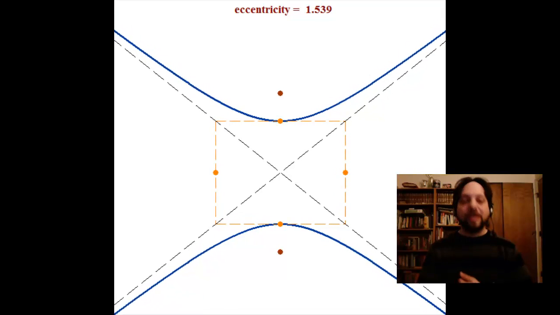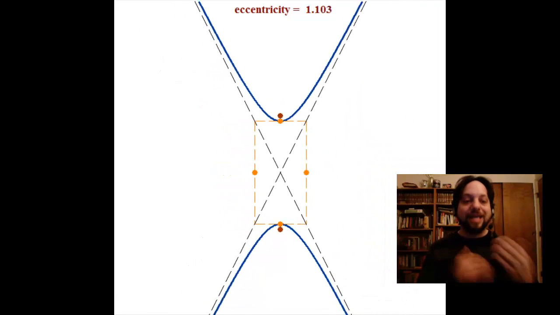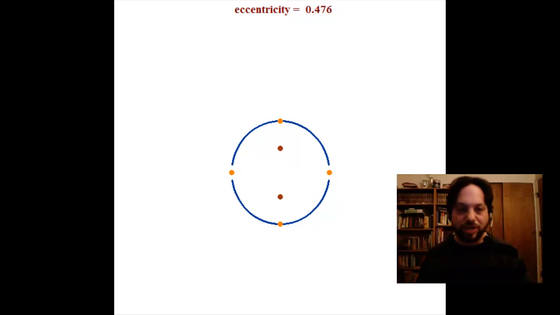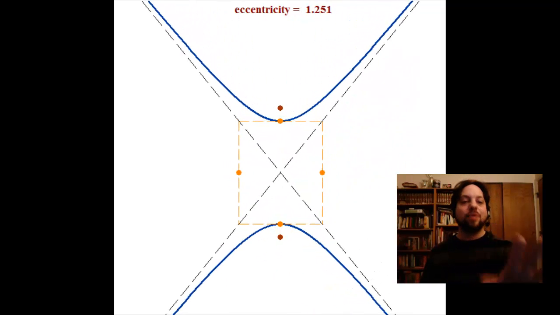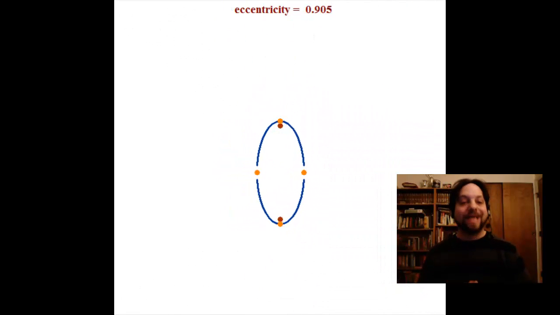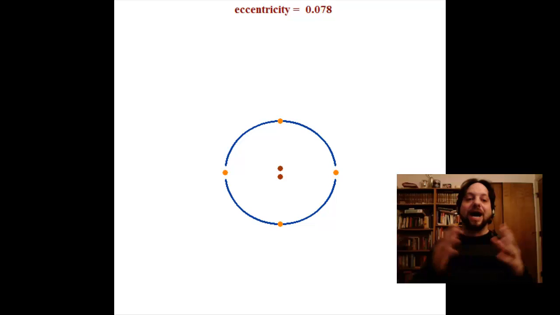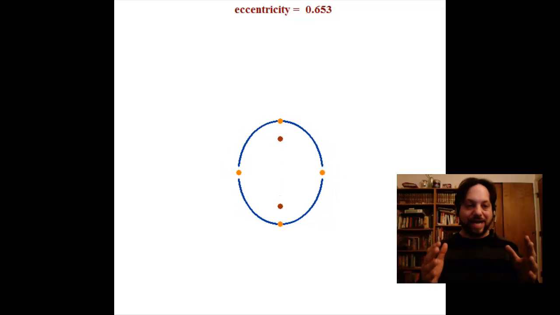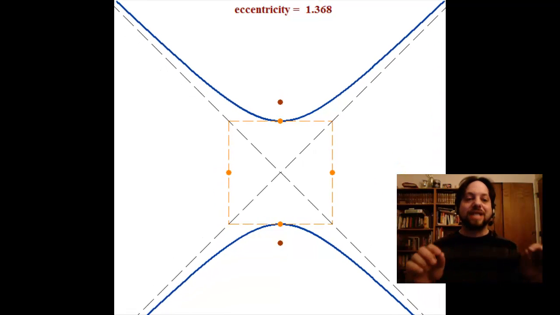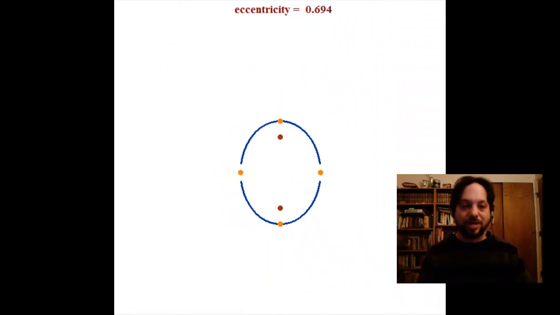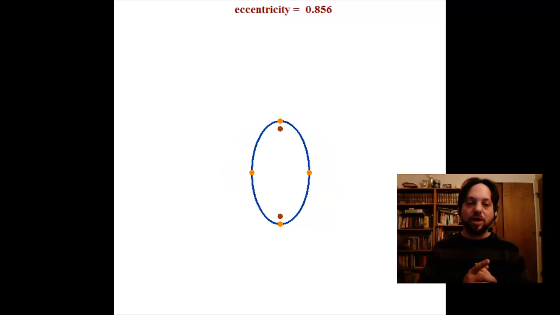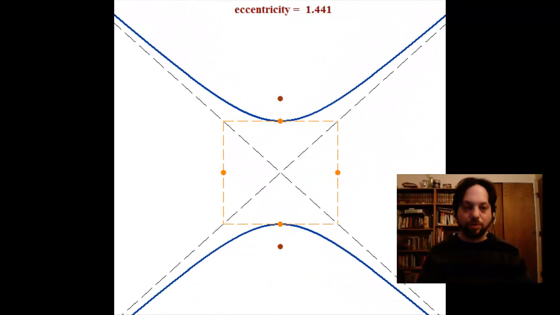Now, if the focal chord length equals the major axis, we kind of have a weird situation there. And I'll just go ahead and tell you that that would give you the famous parabola. Now, as the focal chord length grows beyond the major axis length, of course, then we're talking about foci that are outside or external to the conic, and that's why an eccentricity of greater than 1 tells us that we have a hyperbola.